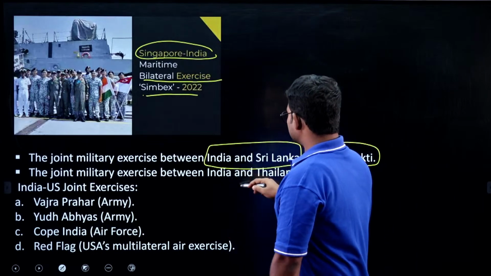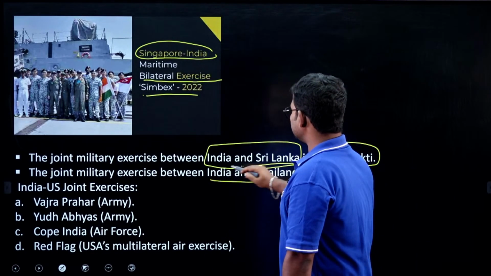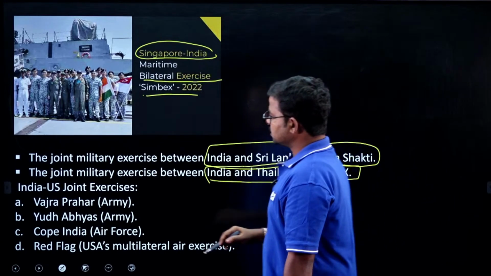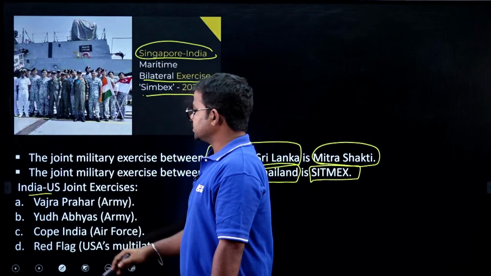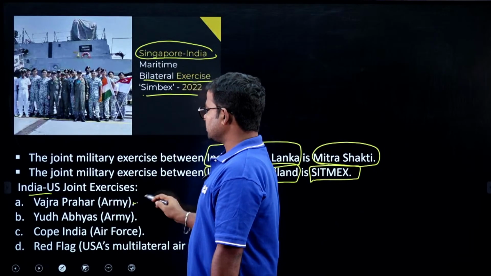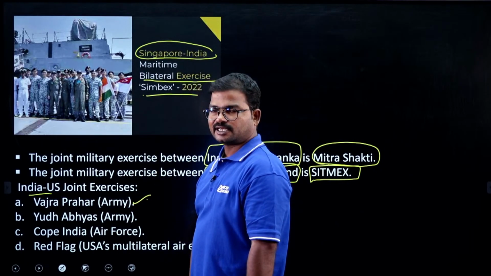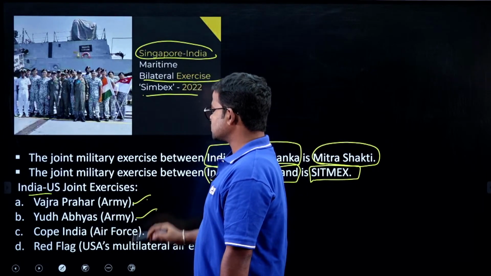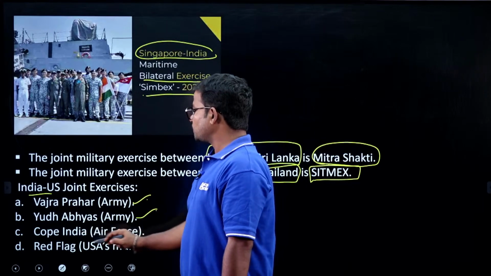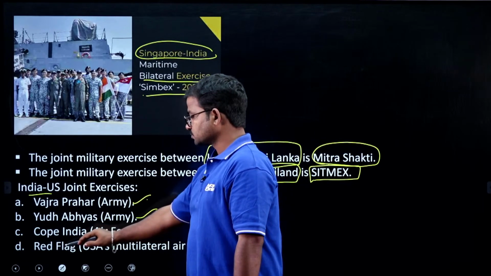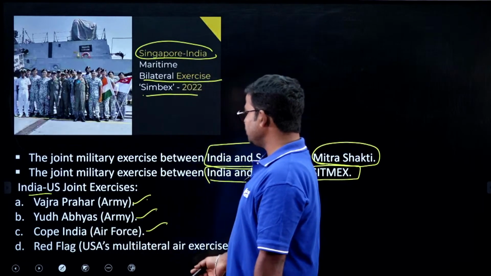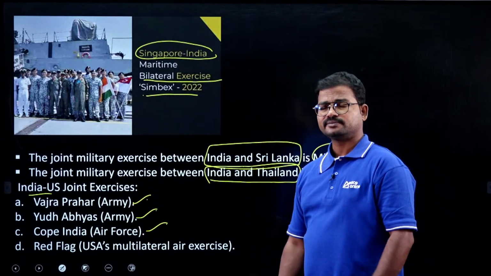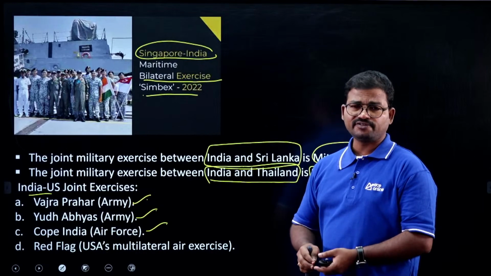Next, between India and Thailand, Sitmex. Next, India and US, Vajra Prahar, which is an army-related exercise. Next, Yuddha Abhyas, also army related. Next, Cope India, Air Force related. Next, Red Flag, a US multilateral air exercise. You should also remember the names of the different exercises.